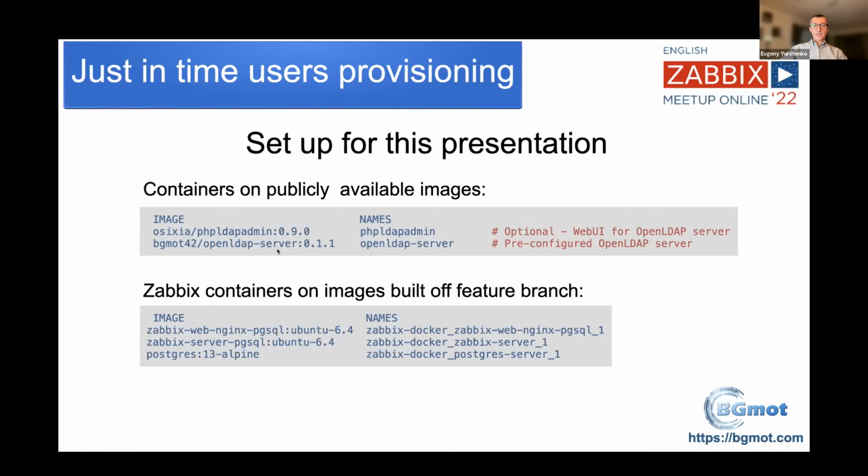I baked this image just for experiments and for this demo. Then three containers are Zabbix related. The first two I built myself. As Nathan mentioned, thanks to God, Zabbix is open source, so I just pulled the feature branch where this feature is implemented and built those containers. And the third one is just the Postgres database Zabbix uses for this demo.